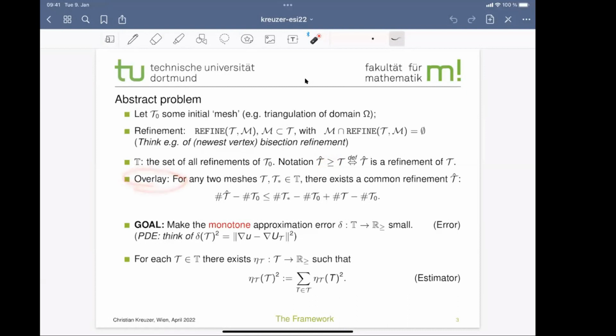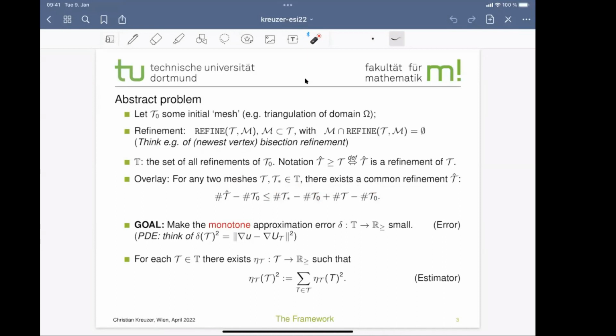There's a technical condition which you won't see after this slide anymore, but which is behind the optimality proof at some place, a so-called overlay, which says that when we have two meshes, T and T star, then there exists a common refinement T hat of both triangulations that requires as much refinement as the sum of both triangulations require, starting always, of course, from T0.